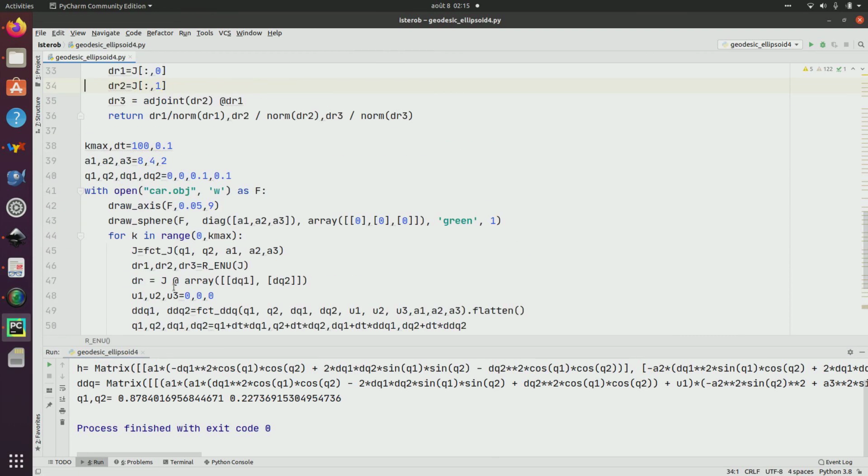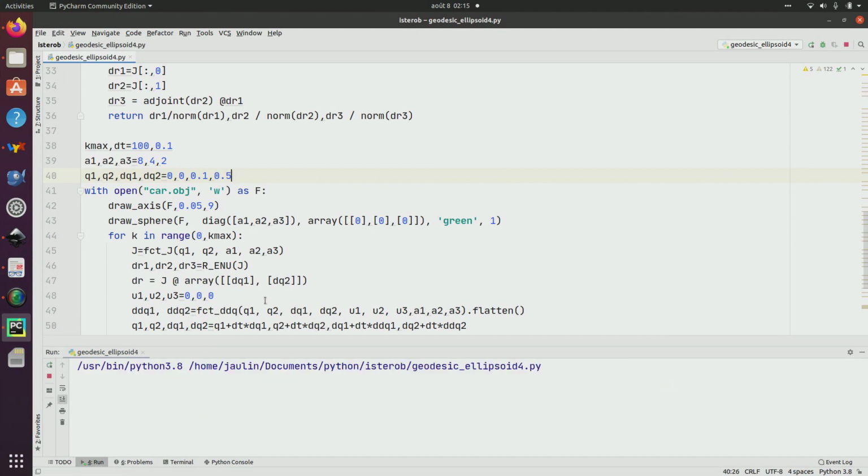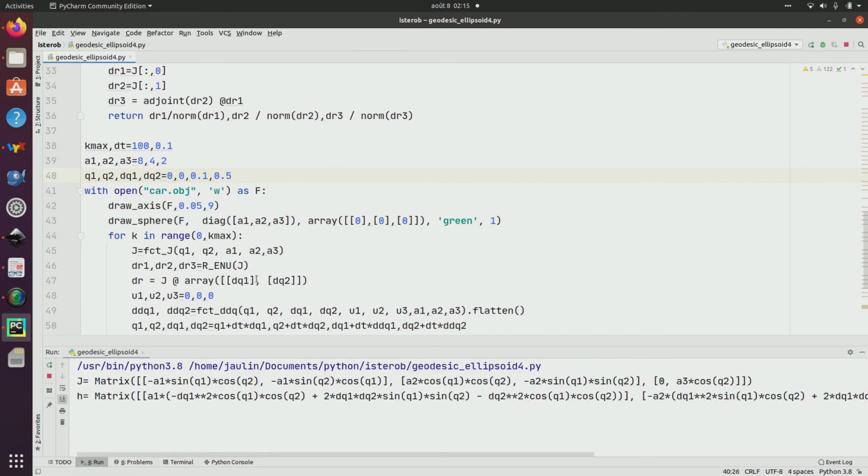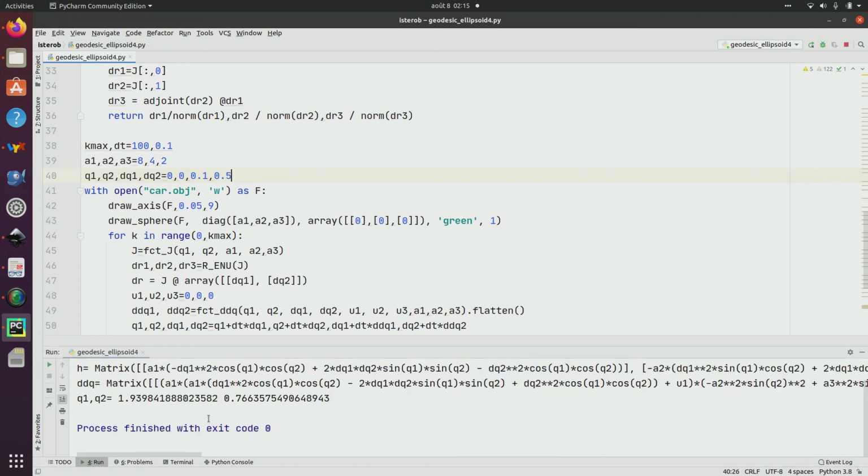So I change it, and I put something like, let's say, 0.5. I run it, and probably I will be closer to the objective. Okay, it's not like this.